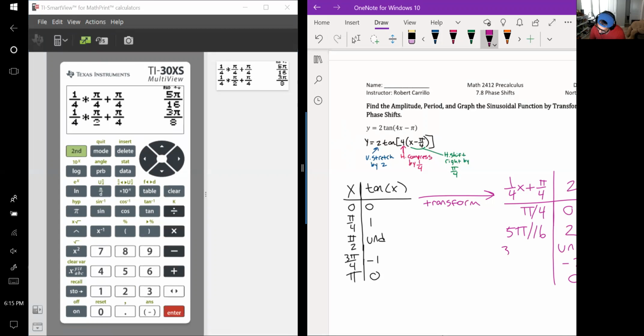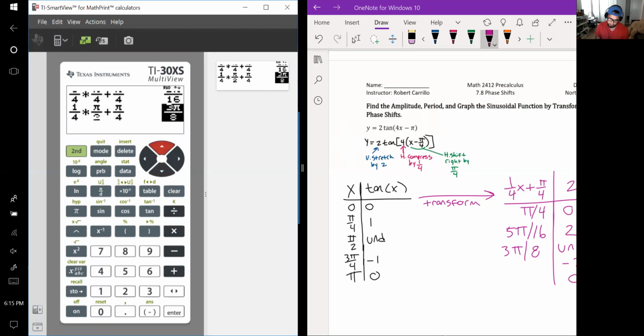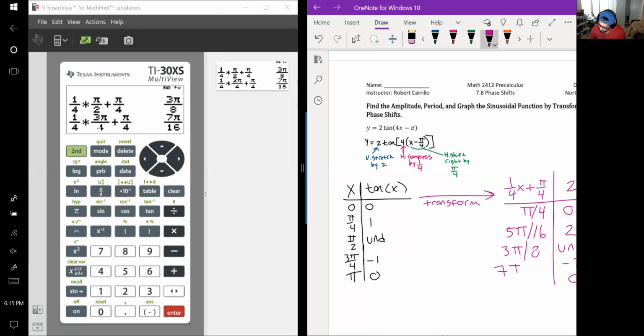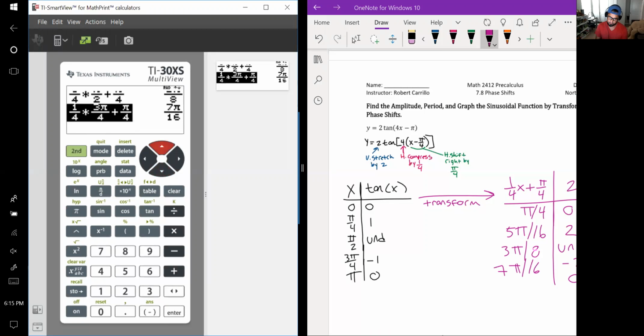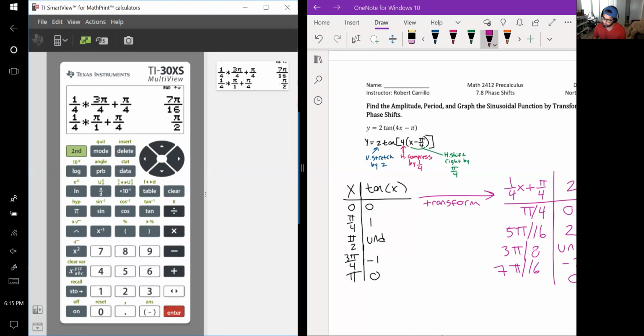Make that a 2. You get 3 pi over 8. Next one is for 3 pi over 4. You get 7 pi over 16. And the last one is just for pi. Make that a 1. Get rid of that 3. And you're going to get pi over 2. Okay, fraction work is done.